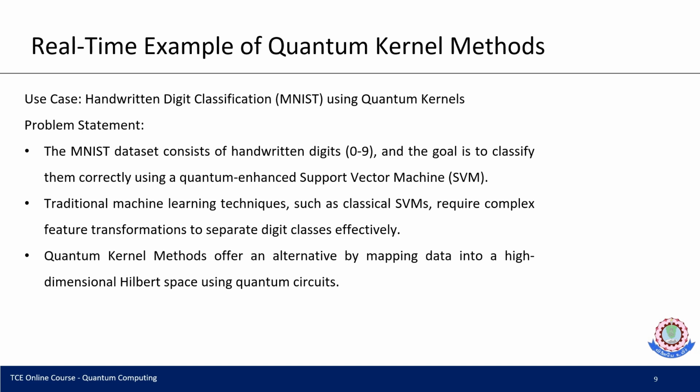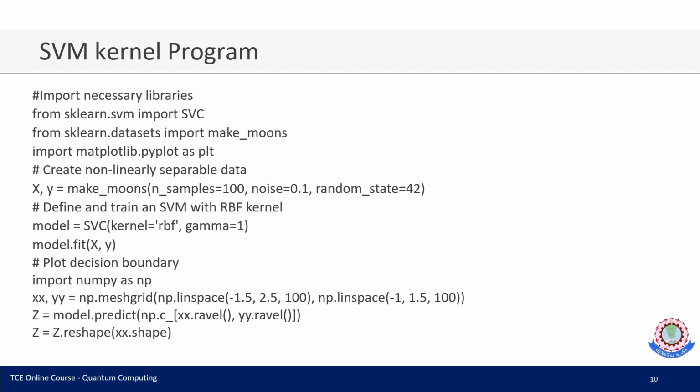The goal is to classify them correctly using a quantum-enhanced support vector machine, SVM. Traditional machine learning techniques such as classical SVM require complex feature transformation to separate digit classes effectively. Quantum kernel methods offer an alternative by mapping data into high-dimensional Hilbert space using quantum circuits.